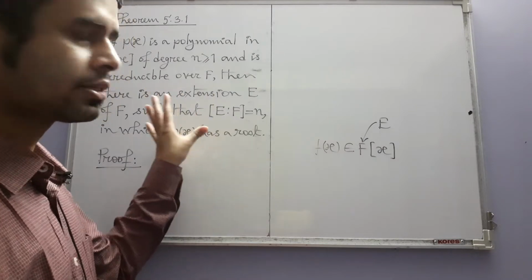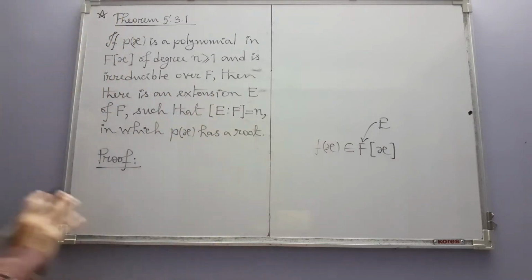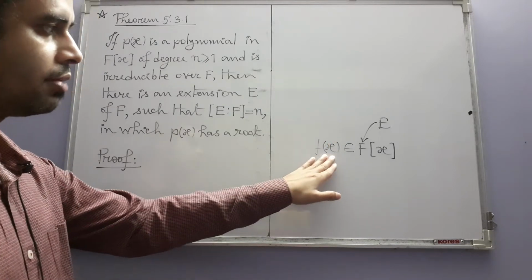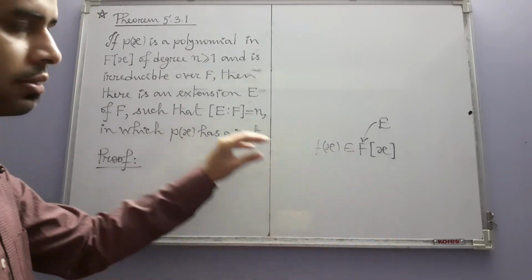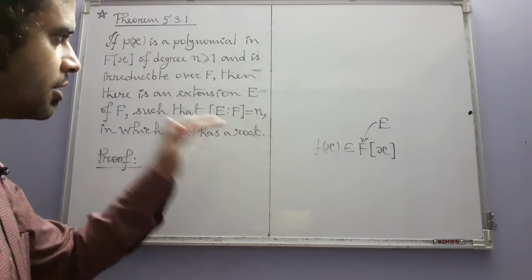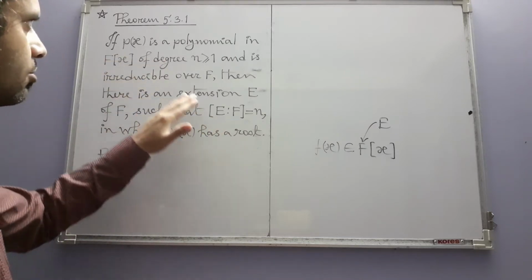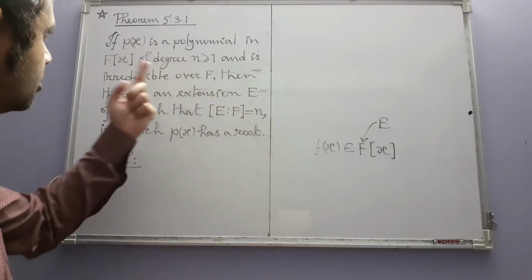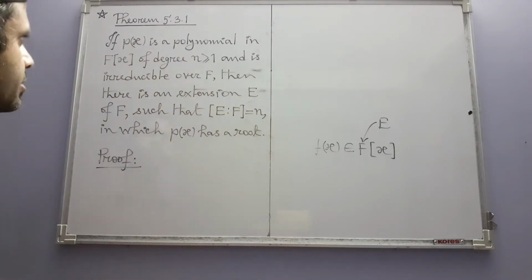Now that result has now come. This is the result. A general polynomial f of x will come afterwards. This result specifically tells us about existence of such extensions for irreducible polynomials. Let's see the statement.